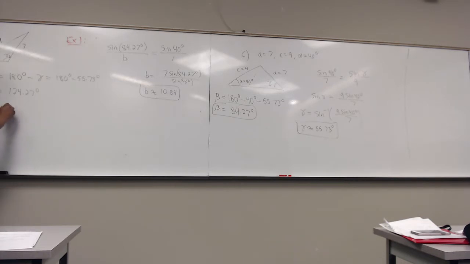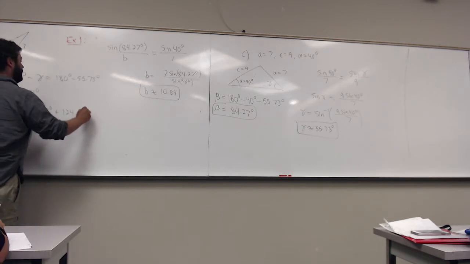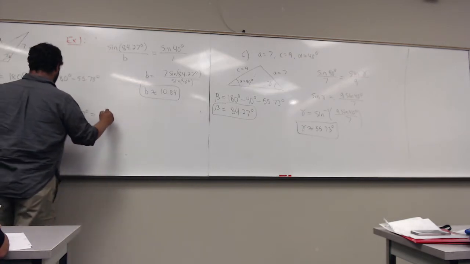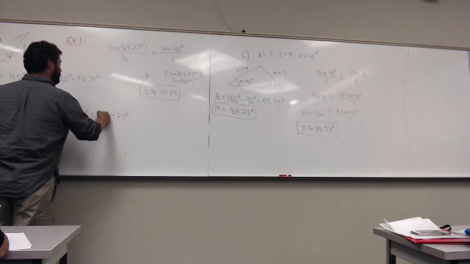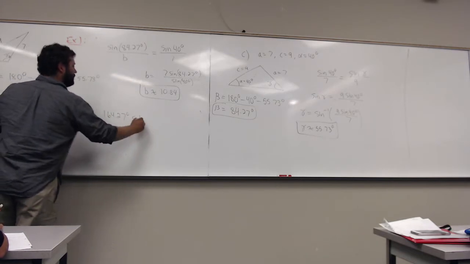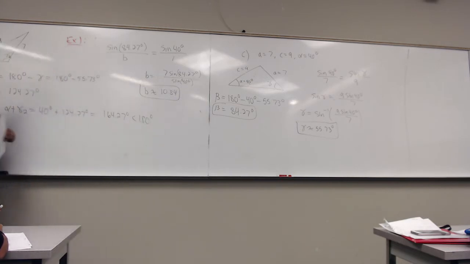So notice that alpha plus gamma 2, which is 40 degrees plus 124.27 degrees, is 164.27 degrees, which is less than 180. For that third angle, you'll get 15.73. Okay.